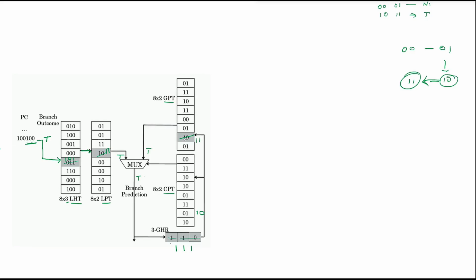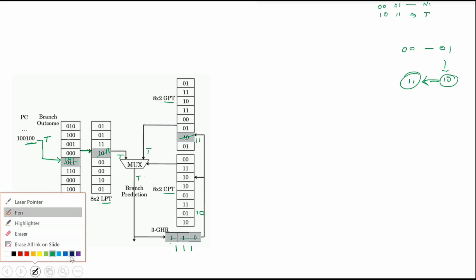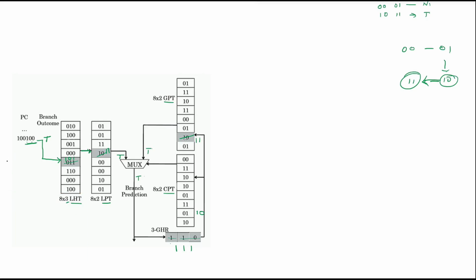Suppose we take another case. Let the PC be 100010. So you take something like this. Again, the last 3 bits we have: 010. Where does it go?